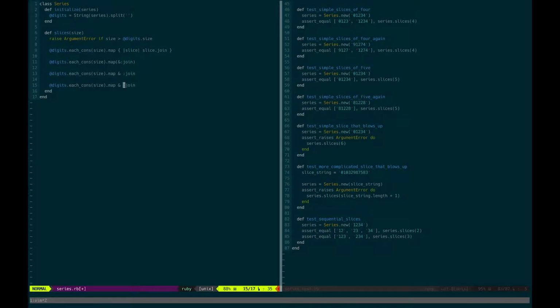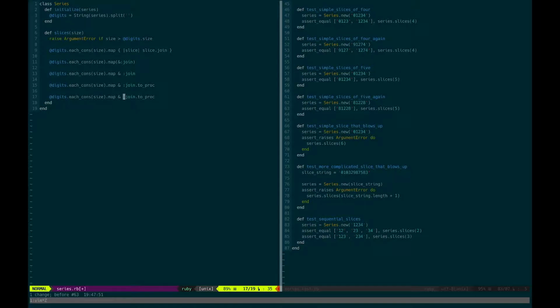When you have the symbol here with this ampersand, you actually have an implicit to_proc on the symbol as well. So what does that do? If we look at the implementation, which I believe is now in C, but when it was in Ruby it looked something like this. What to_proc on Symbol actually does is give us a proc.